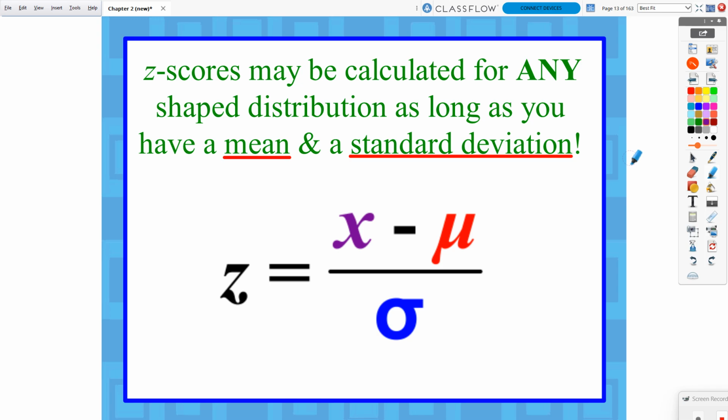And what I've seen over the years is that once we get to talking about normal distributions, students typically think that z-scores can only be calculated for normal distributions. That is simply not true. For any shape distribution, skewed left, skewed right, uniform, bimodal, whatever the case may be, we can always calculate a z-score if we have a mean and a standard deviation value.